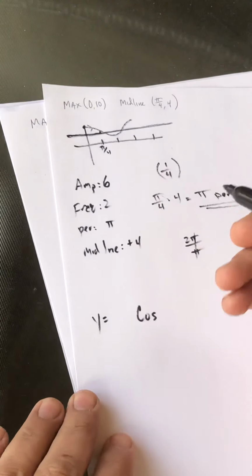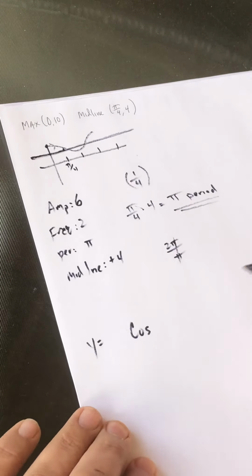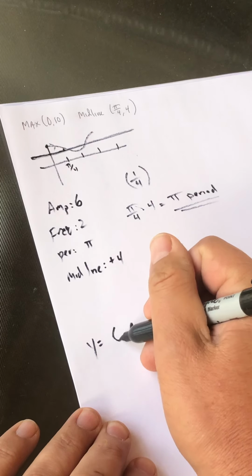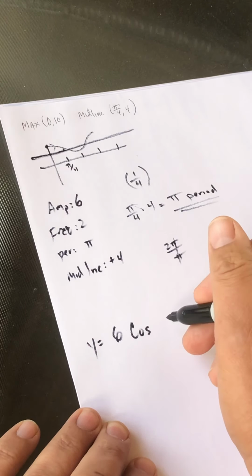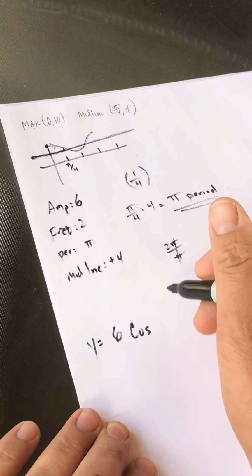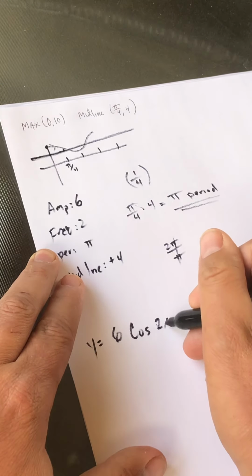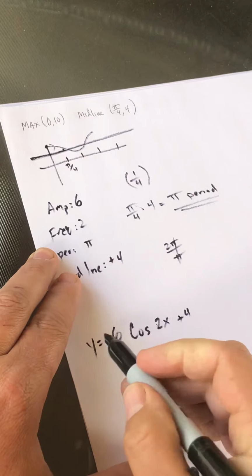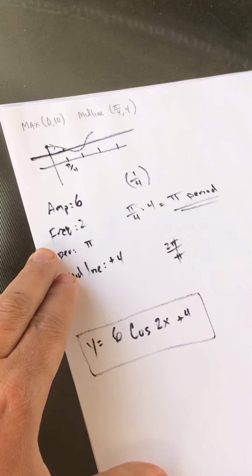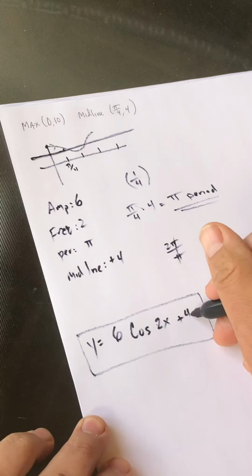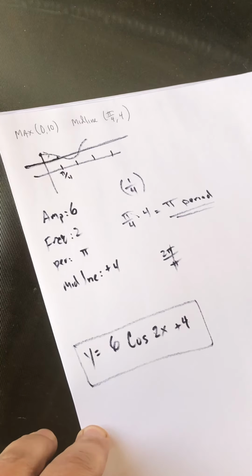Maybe not drawn to scale, but I know it's a cosine curve. So amplitude, 6. What is my frequency? 2. x plus 4. Bang. All right, so there's the first one. I got 3 total.